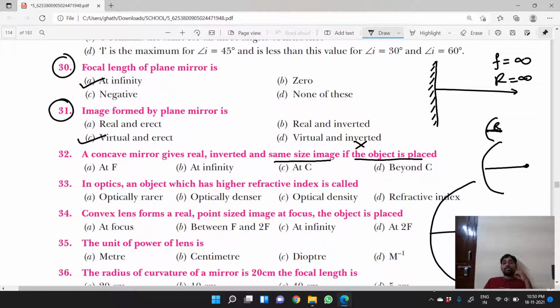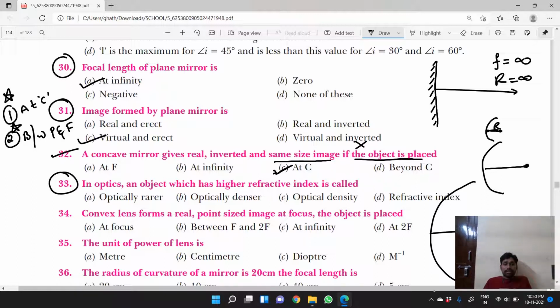Same size means the object is placed at C. So two cases are very important: one is at C, and second is between pole and focus. Between these two cases, we can expect the question. So the answer for this question is at C.